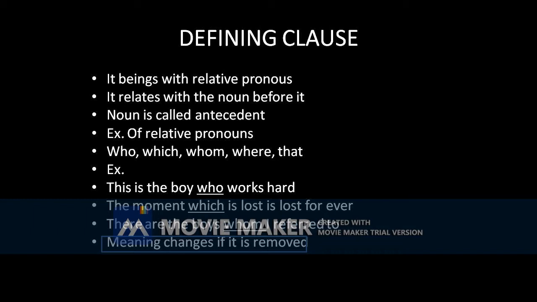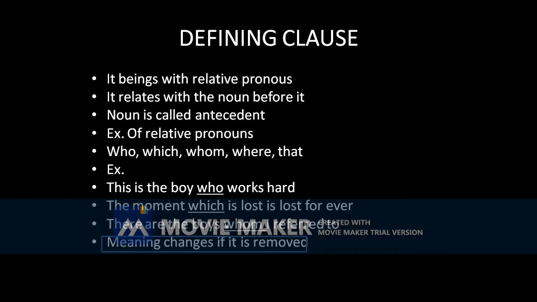For example, this is the boy who works hard. Can you see on the screen? This is the boy who works hard. Who works hard is a relative clause, and who is a relative pronoun, and this who is modifying the noun the boy.